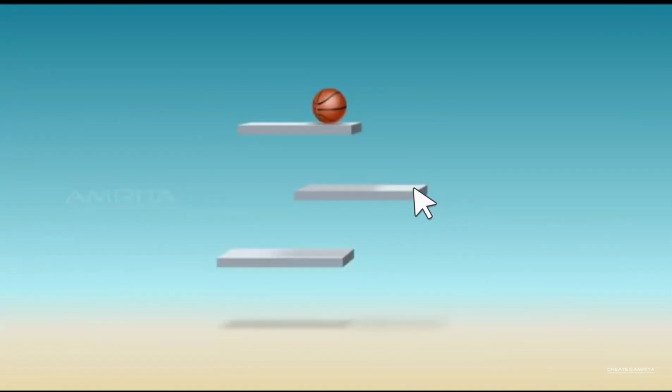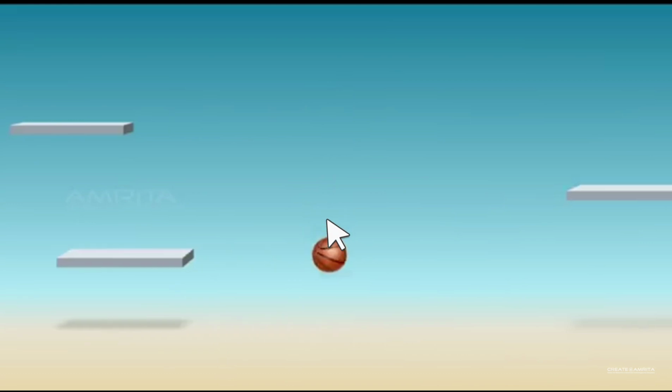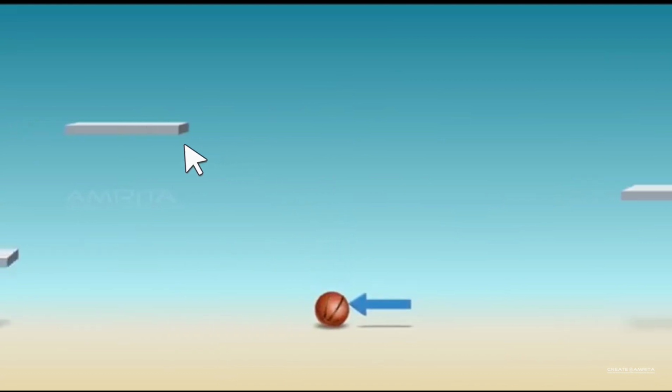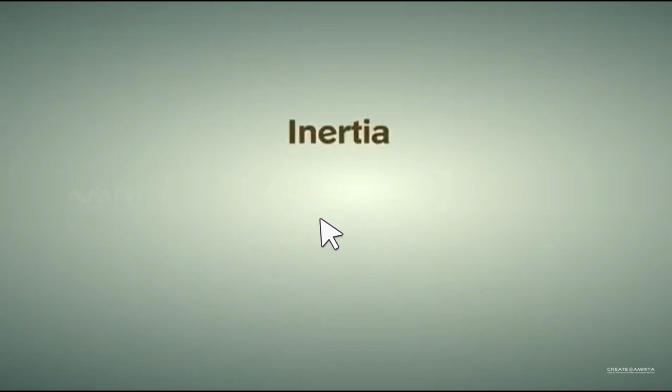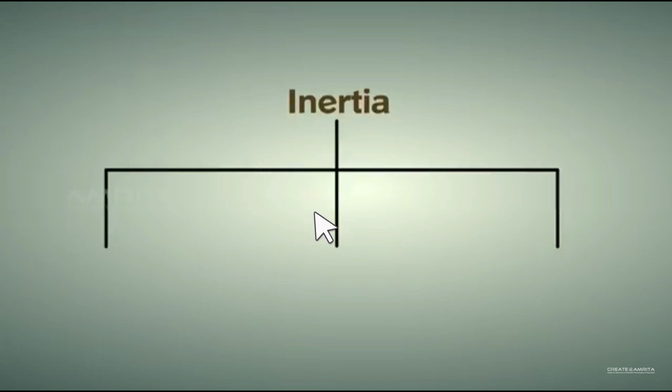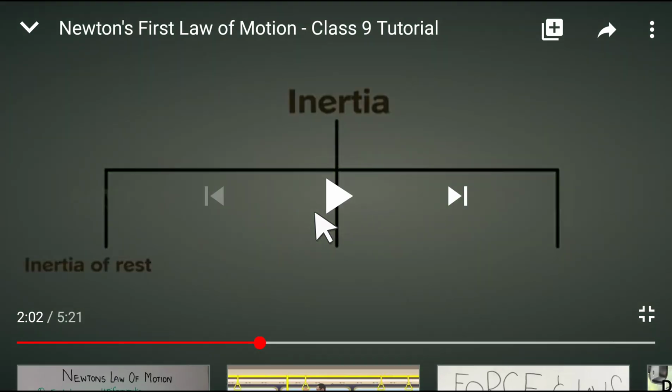Why? They left the rope, even then they fell down. This is because of Newton's first law of motion, the property of inertia. The tendency of the object to maintain its state. This is nothing but inertia. Basically, what you should know is the word inertia comes from the word inert.